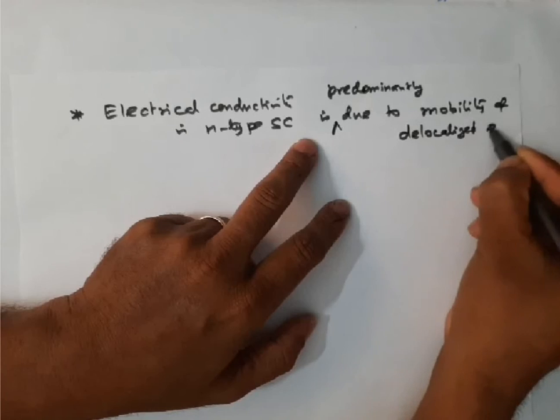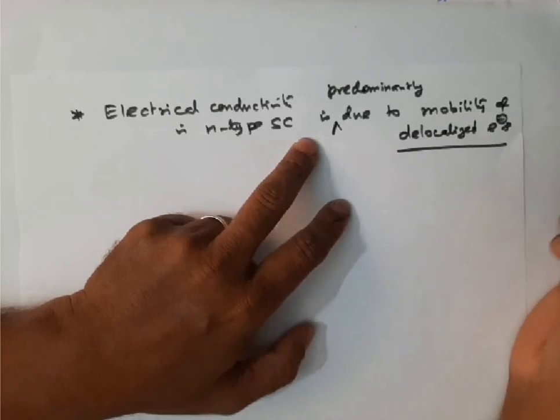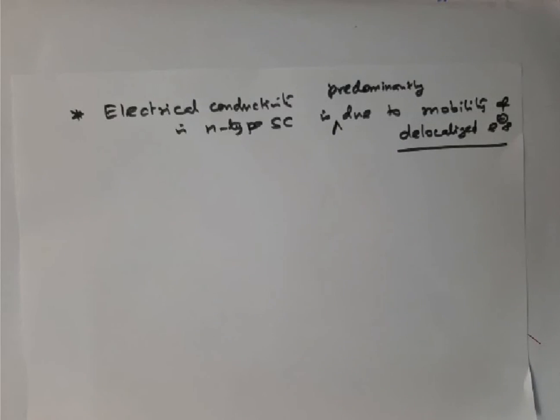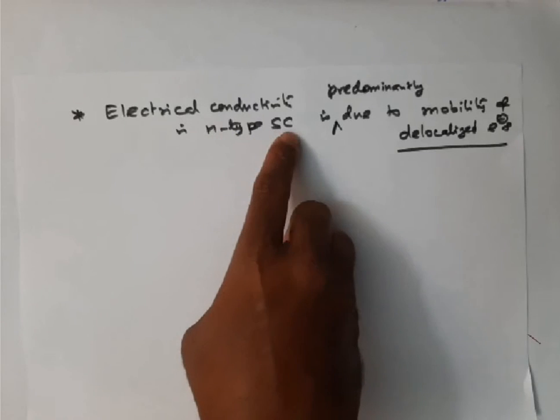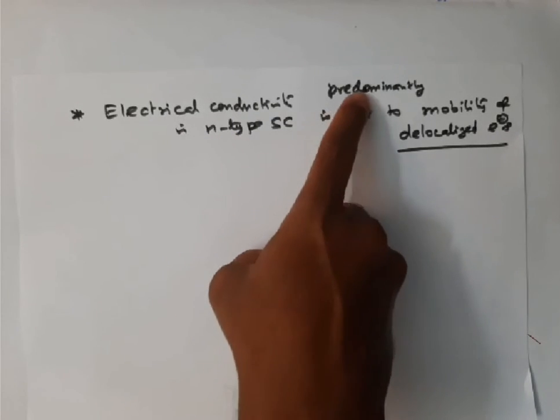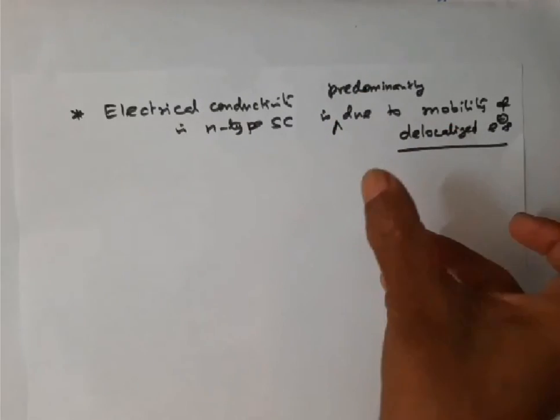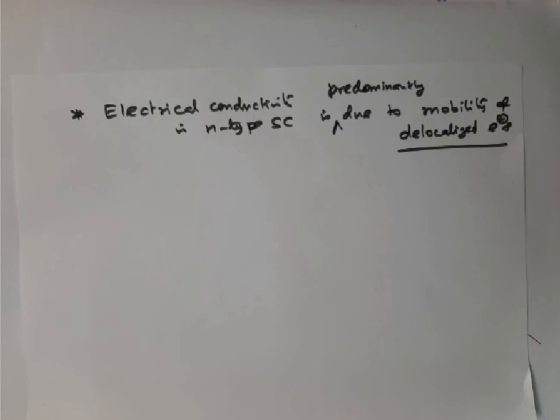A delocalized electron behaves like a free electron. You can say free electron, nothing wrong in it, but we are using this word delocalized. So electrical conductivity in an N-type semiconductor is predominantly due to the mobility of delocalized electrons. Why am I saying predominantly?